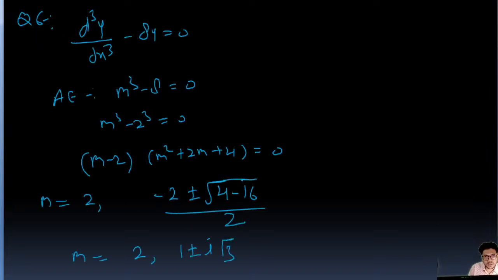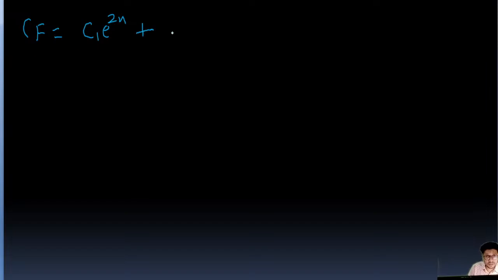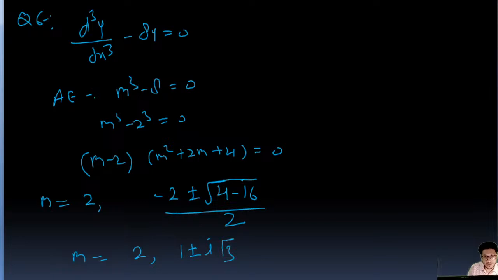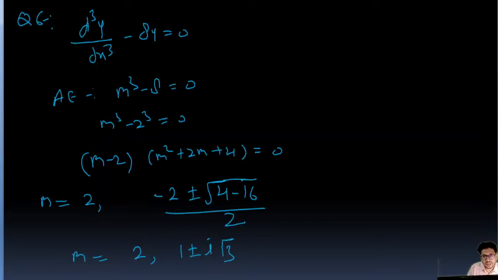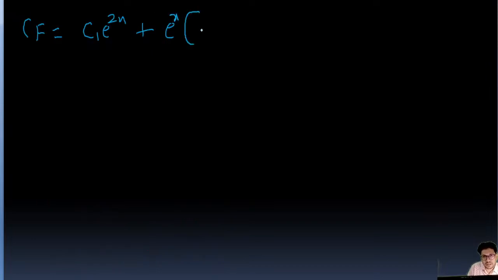For the other roots, which I told you are complex conjugates, the solution is going to be e to the power alpha x times C1 cos beta x. So this is C1 cos root 3x plus C2 sin root 3x.